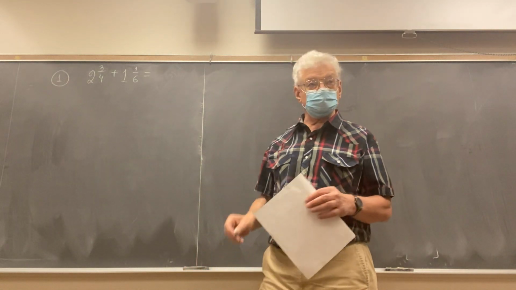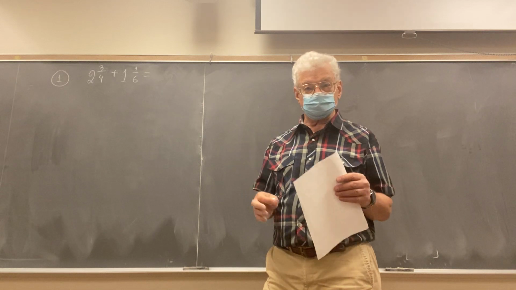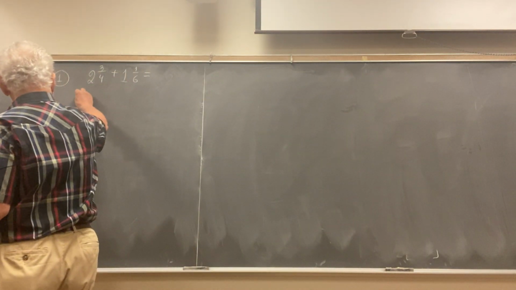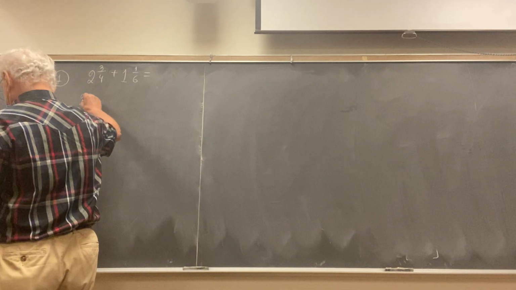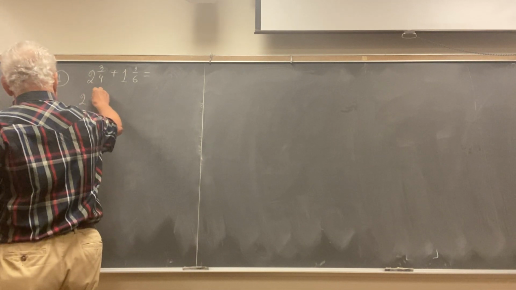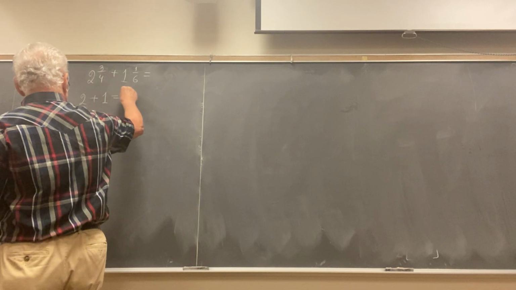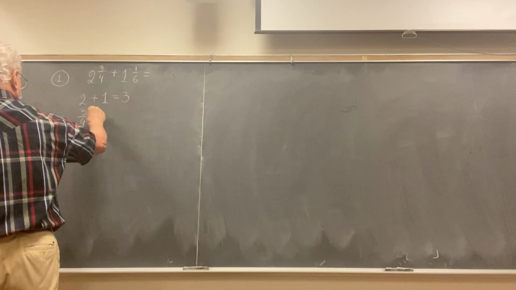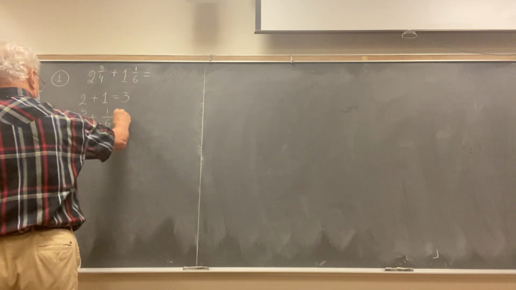So in the end you have to get integer part and fractional part. So the easiest way is to do it as follows. First add 2 plus 1, okay, integer part will be 3, and next 3/4 plus 1/6. Okay, how to do that?